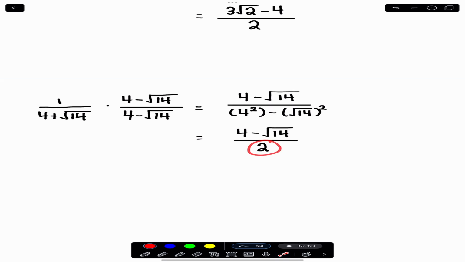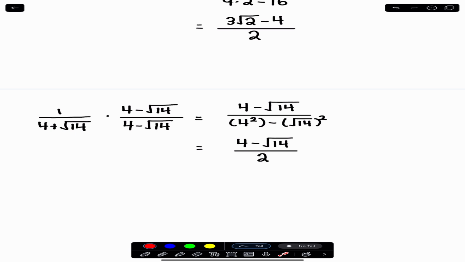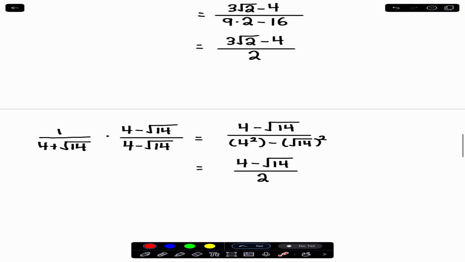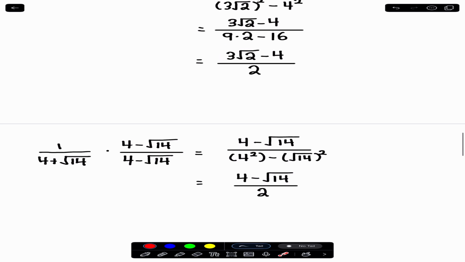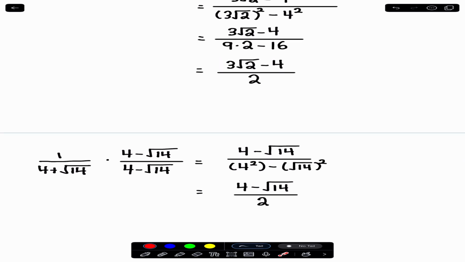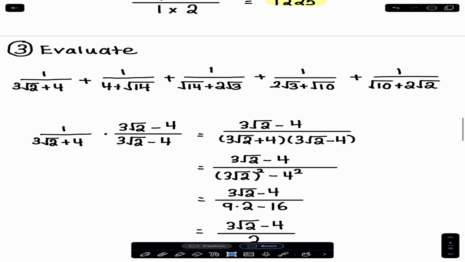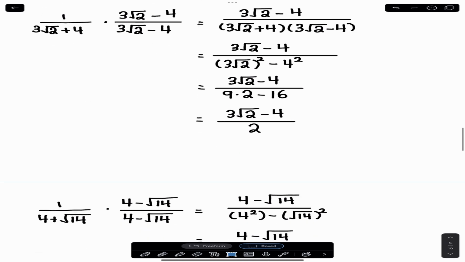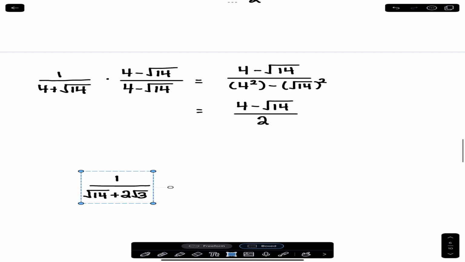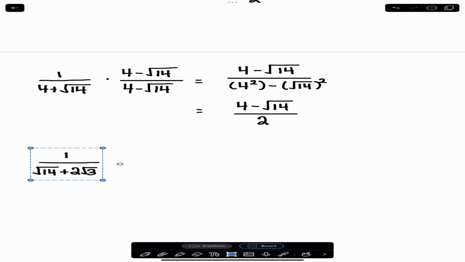Interesting. So we got a 2 here and a 2 here. You know that fractions with the same denominator can be combined, right? Interesting. Let's see if this fraction can be rationalized to something over 2 as well.